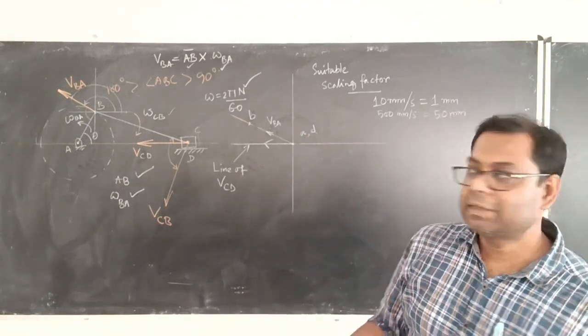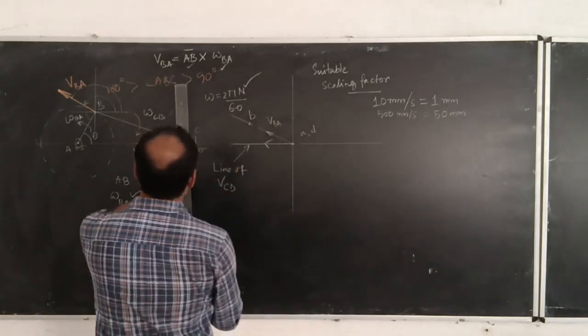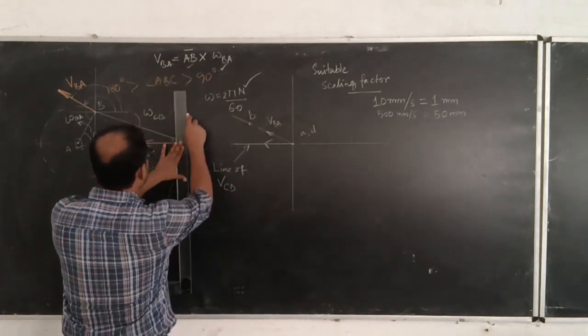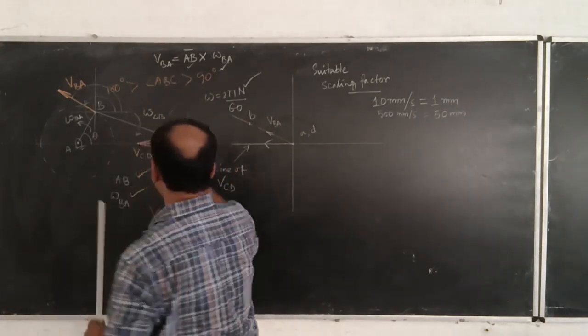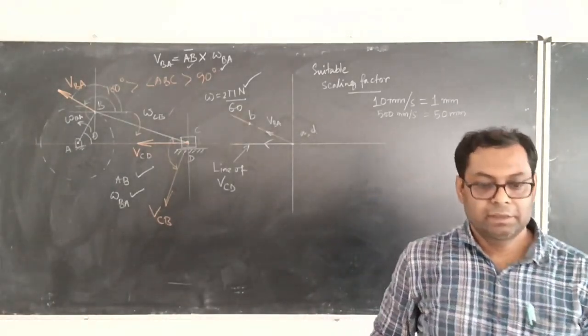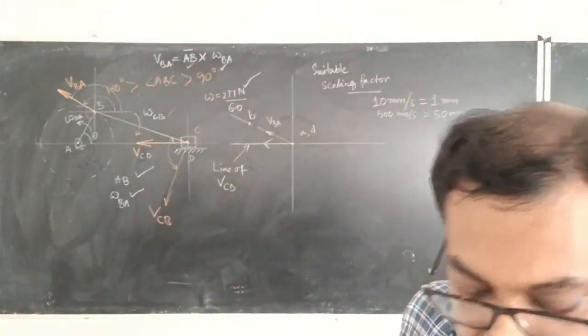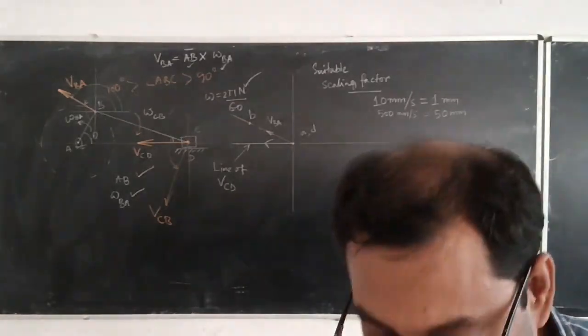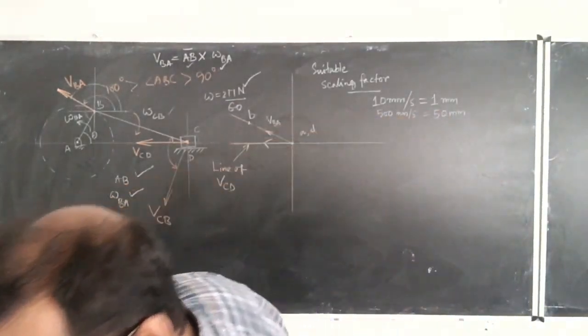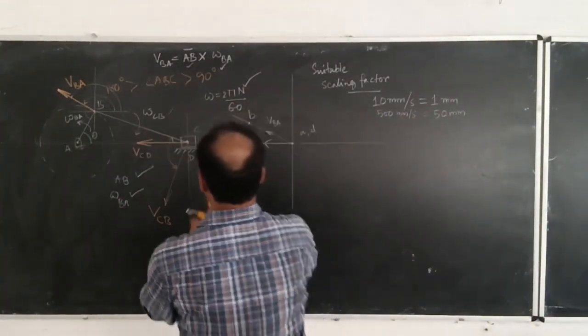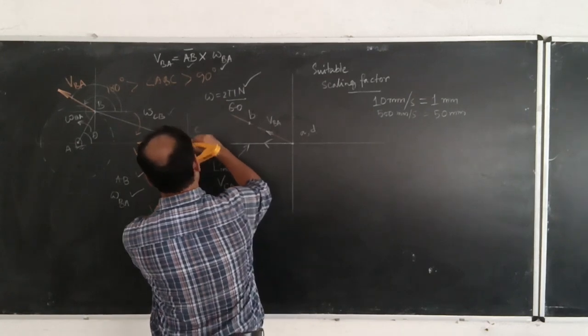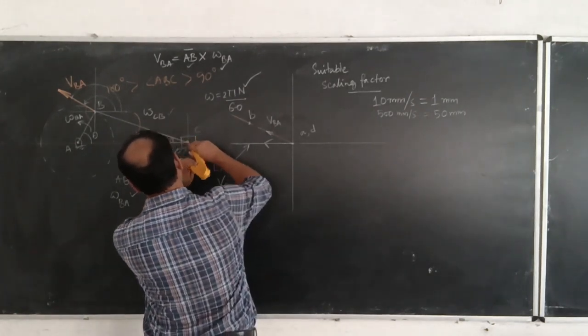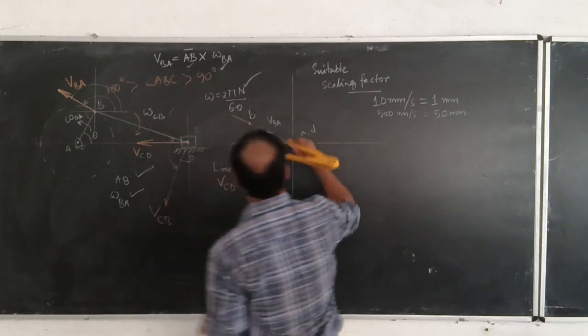But there is a method, as I told: we are going to draw again a local coordinate, something like this, and then use the compass and just draw an arc.